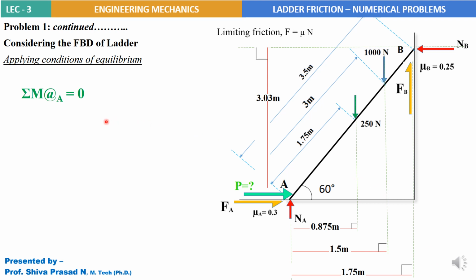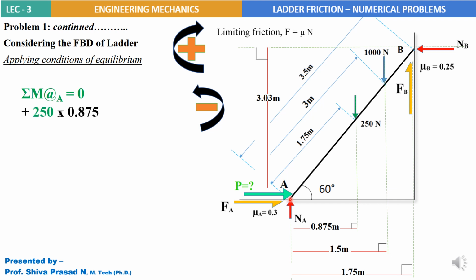So that basic formula, moment is equal to magnitude of force into the perpendicular distance, we will apply by considering a sign convention. Clockwise moments positive, anti-clockwise moments negative. So let's use this sign convention and apply moments of all the forces about A. First force 250 is the magnitude of force into perpendicular distance 0.875 from A to the line of action of the 250 Newton force.